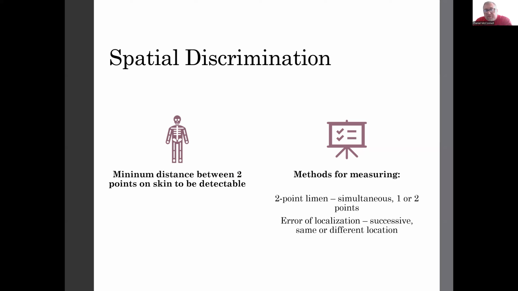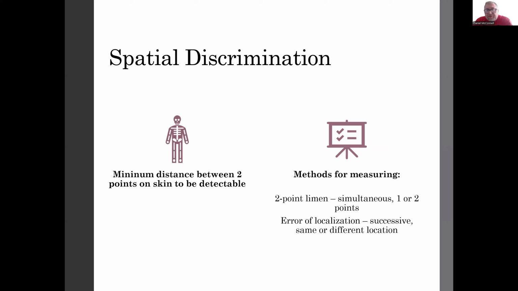When you do this on the fingertip or the lips, what we see is that people can discriminate 2 distinct points, even down to that 1 to 2 millimeter distance. But on other body locations like the shoulder and the arm and so forth, it's going to take maybe a centimeter or more before someone can reliably discriminate those 2 points of contact.